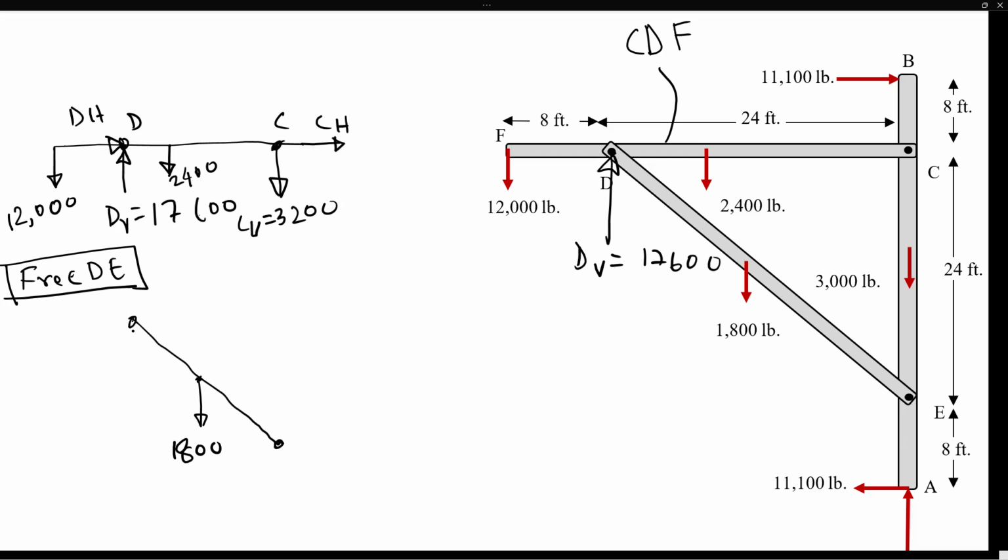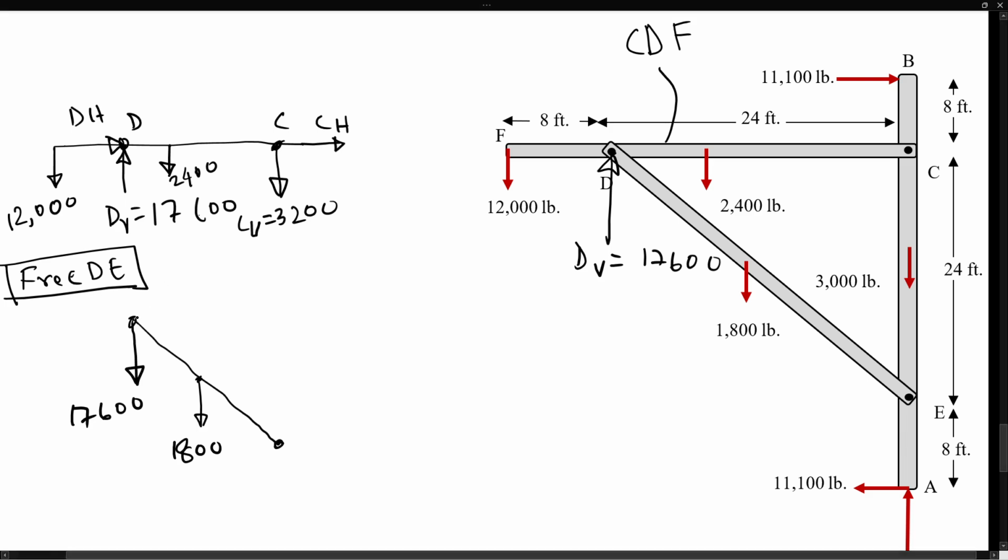So for the DE member, that same 17,600 will have the exact same value. However, it's going to act in exactly the opposite direction. So in any joint, you can imagine, let's say you're standing on the ground. If you look from the ground perspective, the force will be in one direction compared to if you look from your feet perspective. So exactly the opposite reaction direction.